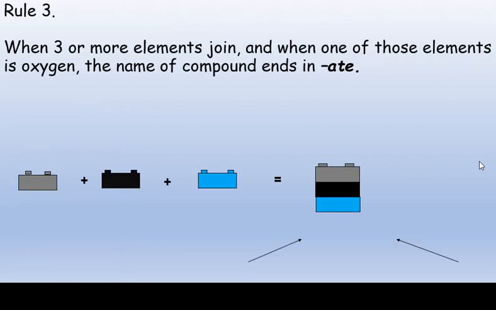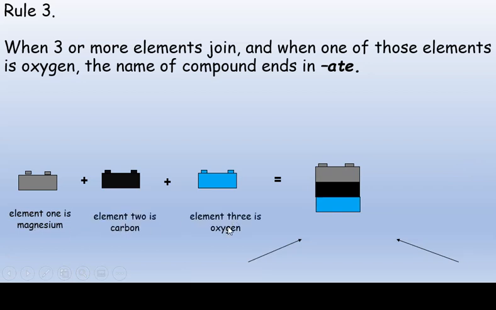Rule 3. When 3 or more elements join, and when one of those elements is oxygen, the name of the compound ends in "ate", A-T-E. So in this example here, element number 1, magnesium, element 2 is carbon, element 3, oxygen.